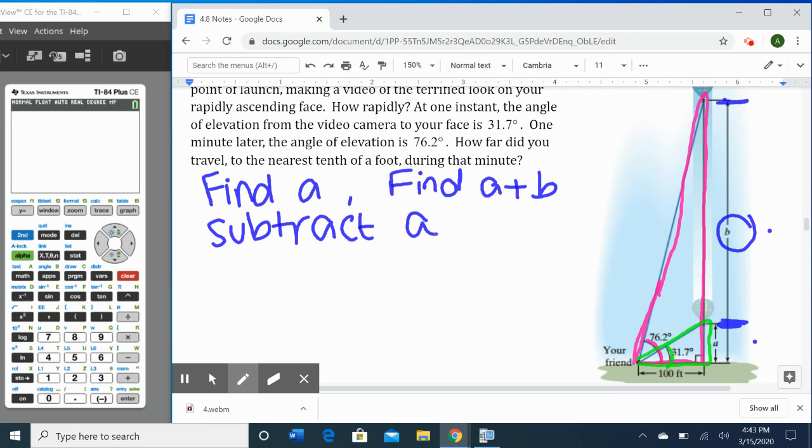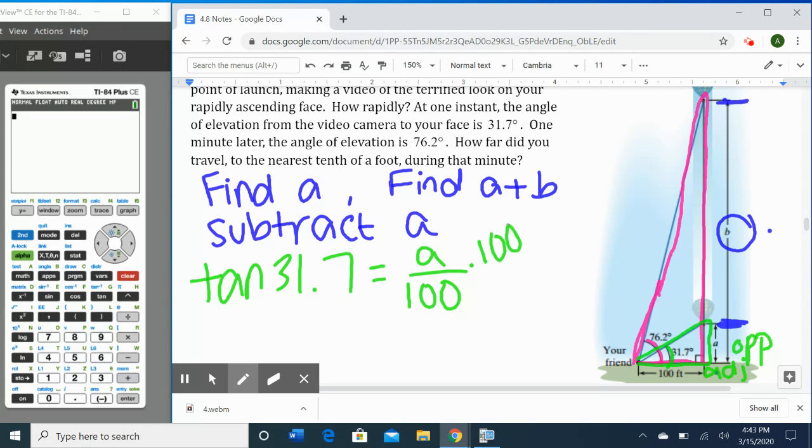This 100 feet on the ground is going to be helpful. Let me write in green because I'm talking about the green triangle. So it's probably not going to be the exact same green shade, but that's okay. So I'm looking for opposite. I'm given adjacent, which means I can set up the tangent of 31.7 is equal to A over 100.